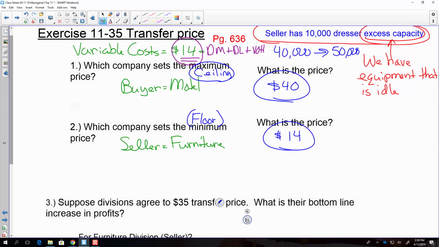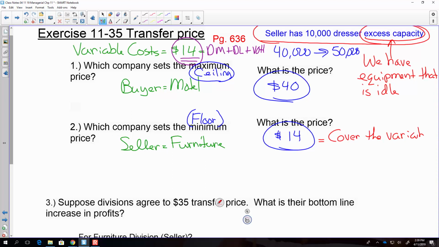If I'm the producer, if I'm making these dressers, if I can get 15, 16, I'm making a profit on those units. Because otherwise, my fixed overhead is there anyway. All I have to do is cover, if we can use that term, the variable costs.